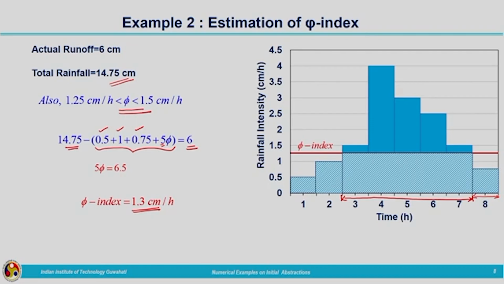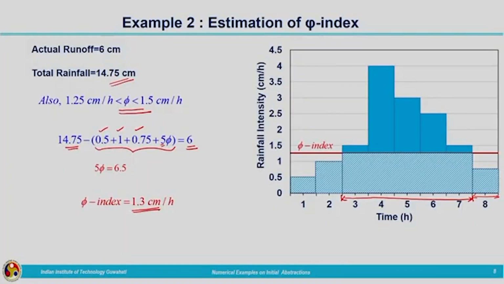or you can proceed the way we were making the initial guesses. That way, for the next trial you can go ahead, but how many trials you may have to proceed, we do not know. But one thing is certain, that our phi index value is between 1.5 and 1.25.